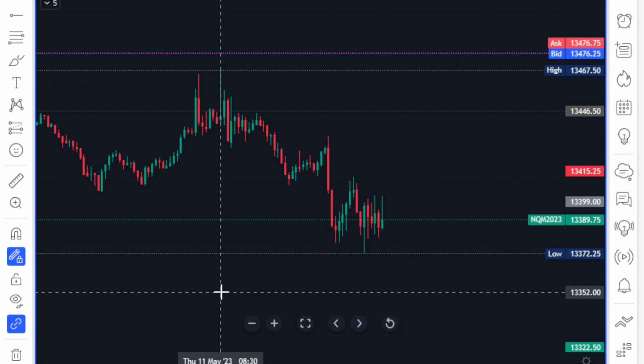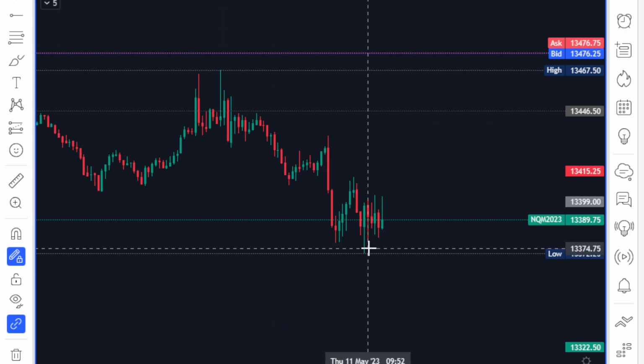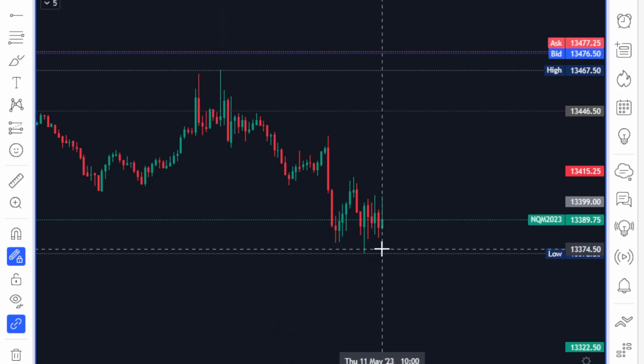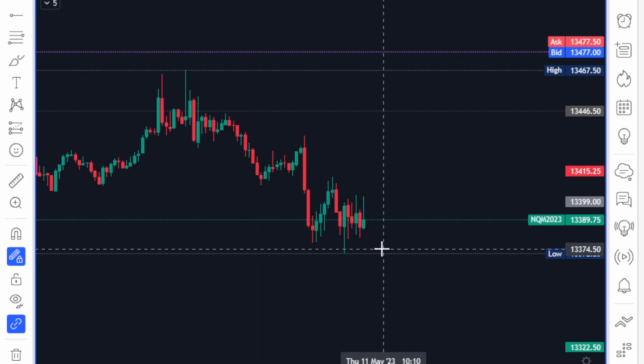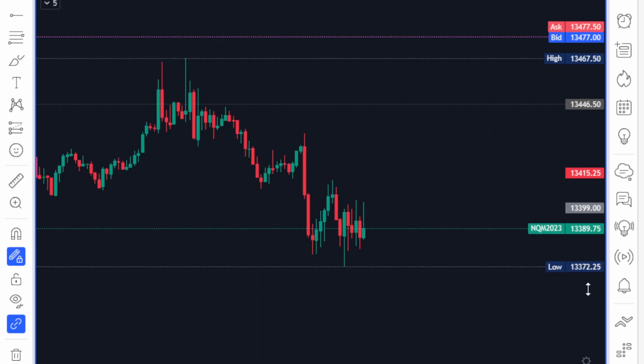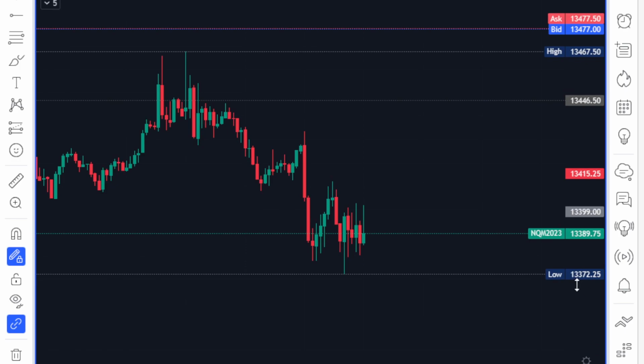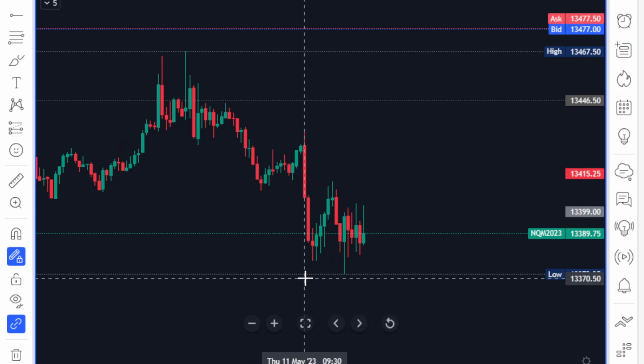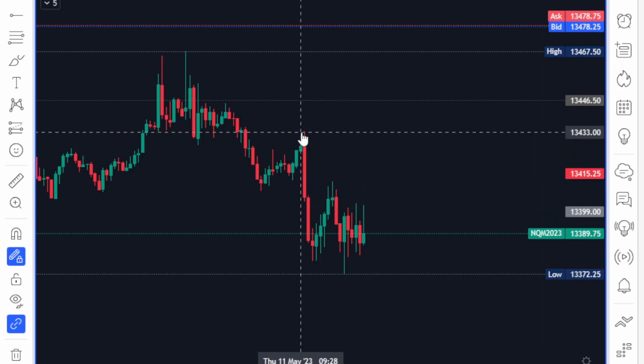And the basis of this setup is going to be between 10 a.m. and 11 a.m. New York time. What we're going to be looking for is a sweep of the highs or a sweep of the lows, whichever comes first. And I typically would just use the high and the low from the start of the day.